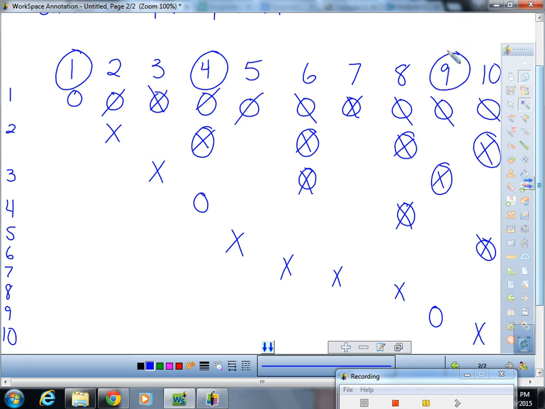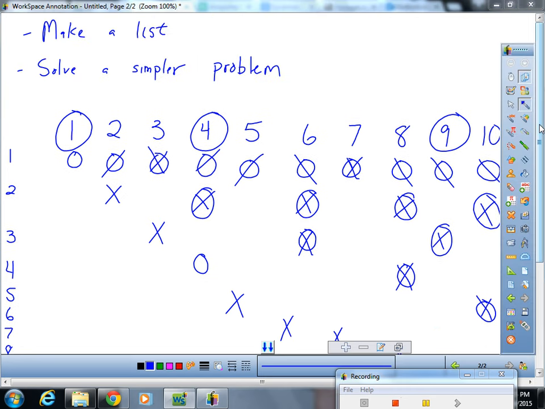Okay, maybe you recognize those numbers. Hopefully you recognize those numbers. But if you don't, then maybe you can look for a pattern. So that's going to be our third problem-solving technique. Look for patterns.